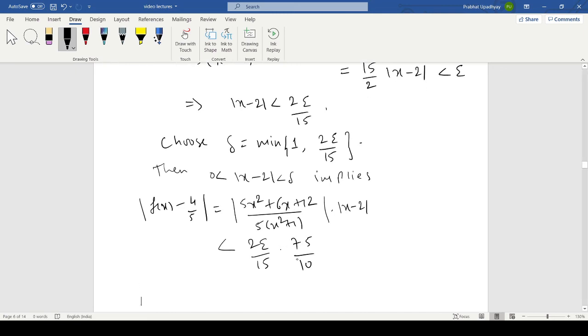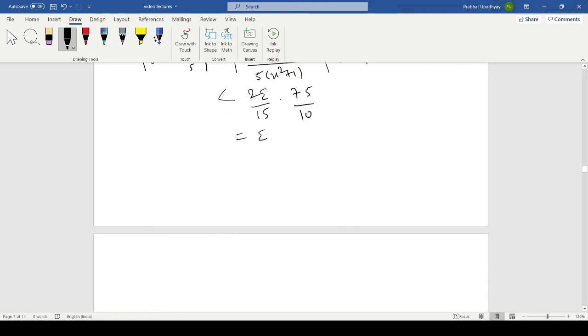So this will get cancelled and you will have this is equal to epsilon, and hence you can say limit of f of x as x tends to 2 is equal to 4 upon 5.